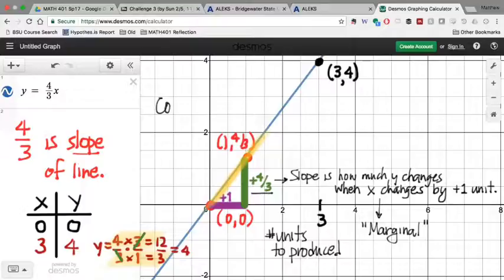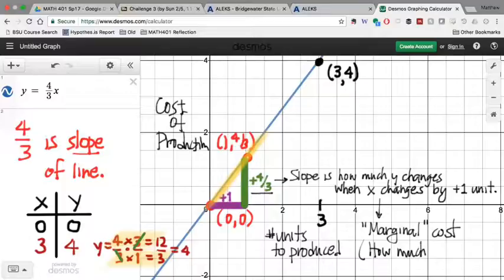And then my y-axis is the cost of production. Then the slope tells us what's called the marginal cost, which is just the answer to how much it costs to produce one more. How much does it cost to produce just one more unit? And that one more is coming from this x changing by +1 unit idea.